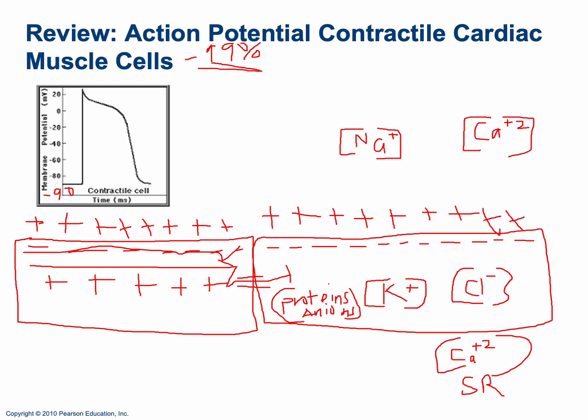What I wrote right here is representing a gap junction. Remember I talked about those last time? Here we have a gap junction. So you can have some ion movement going through a gap junction. So maybe we did actually get a little bit of sodium inside the cell.